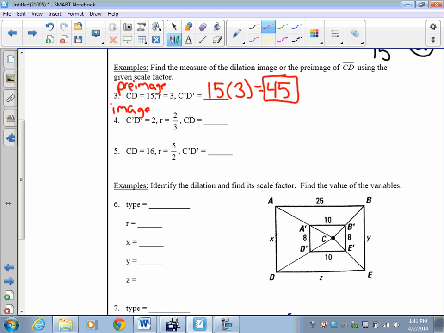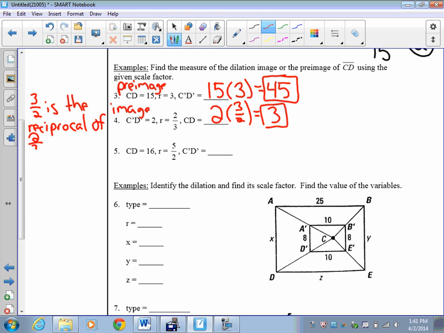So we're going to take the image size 2, but this time we're not going to multiply by R. We're going to multiply by the reciprocal of R, which is 3/2. And we get 3. So 3/2 is the reciprocal of 2/3.